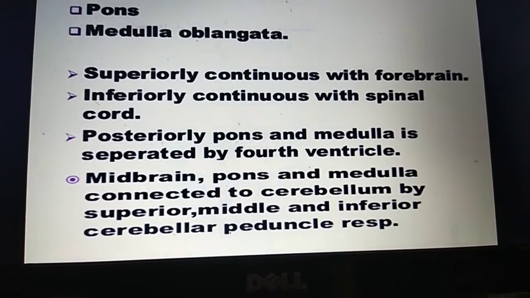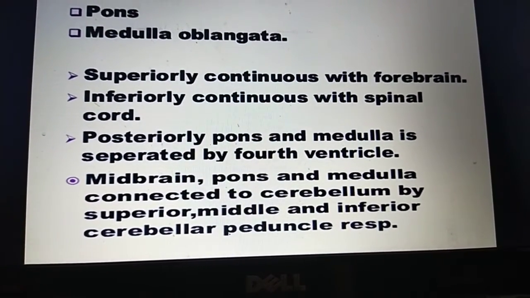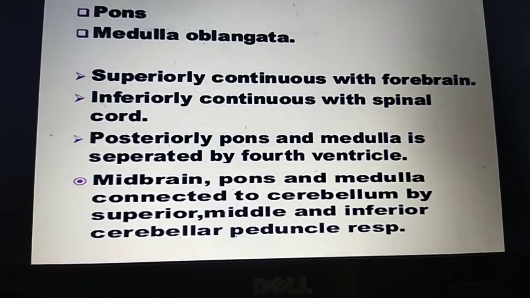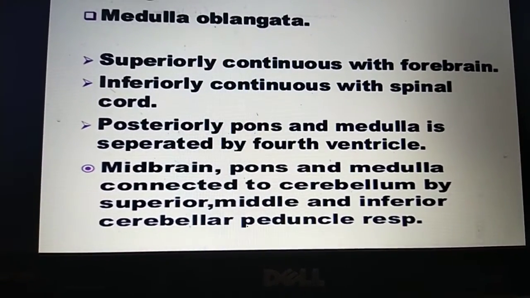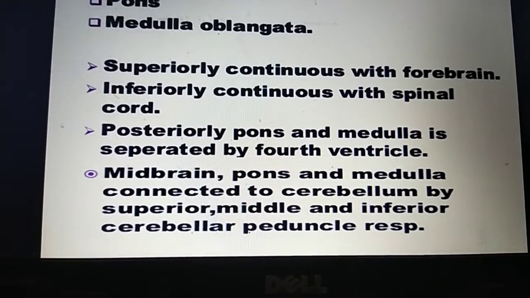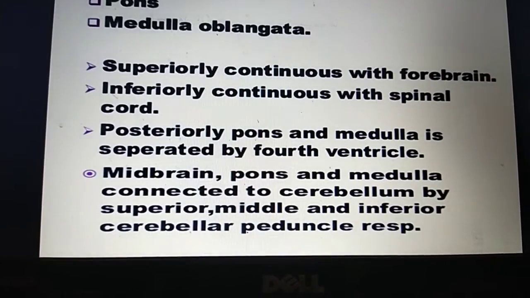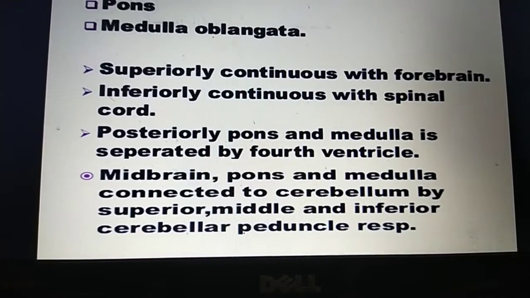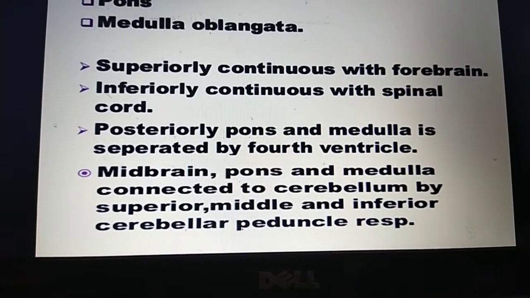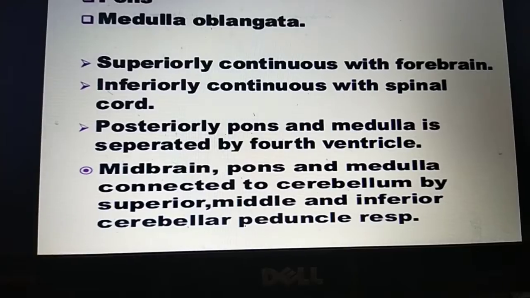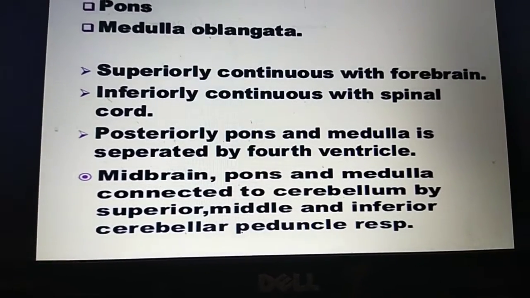Posteriorly, the pons and medulla oblongata are separated by the fourth ventricle, which is present just posterior to the pons and medulla oblongata. The midbrain, pons and medulla oblongata are connected to the cerebellum by the superior, middle and inferior cerebellar peduncles respectively.